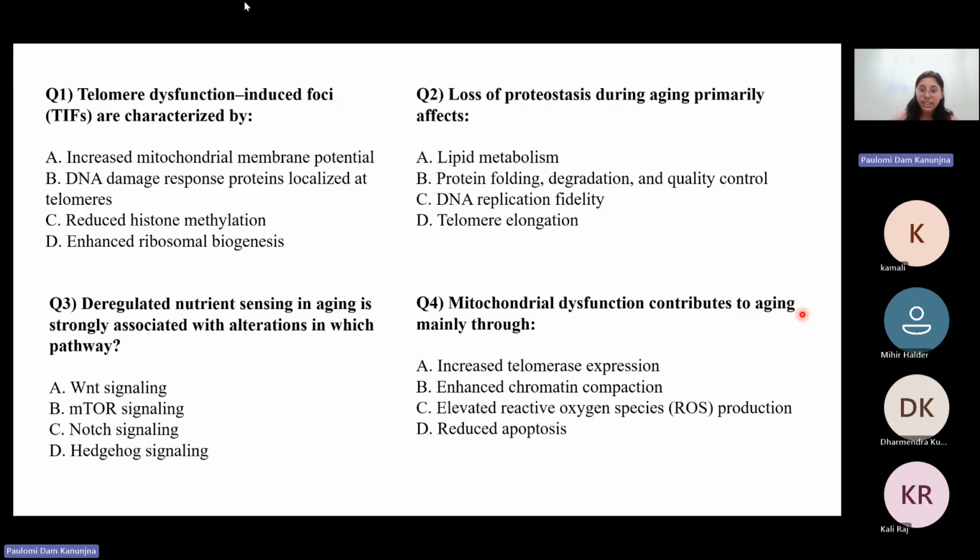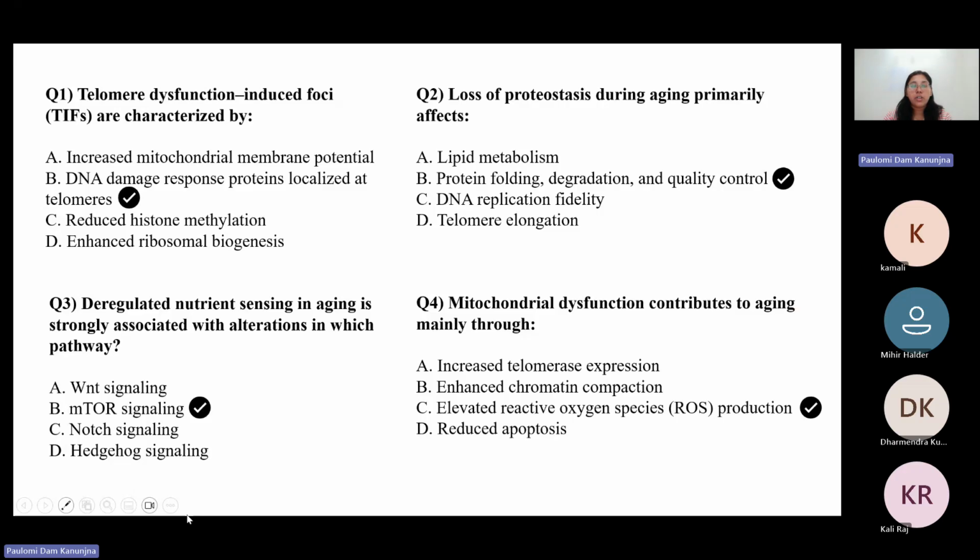And you can match if you were thinking in the correct directions. Okay, so let me give the answers.